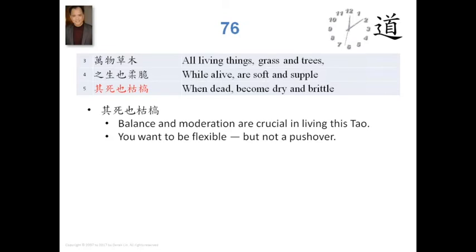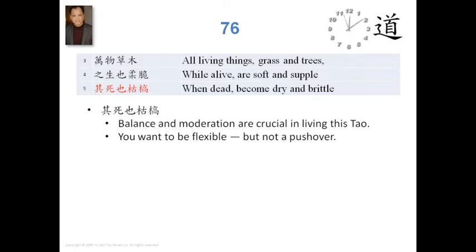You want to be flexible, like this particular chapter tells you to be. You want to be aligned with the living, so you want to manifest suppleness and flexibility. True, but you don't want to be so flexible as if you have no ideas of your own, and that you end up becoming a pushover.